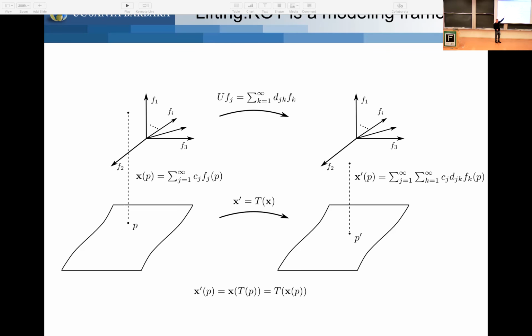For every j and k, I have two basis functions. Just like in finite dimensional linear algebra, I can connect these two by some matrix. In some cases, you need to specify the functional space and all that. But in many cases, you can represent the Koopman operator as a matrix.